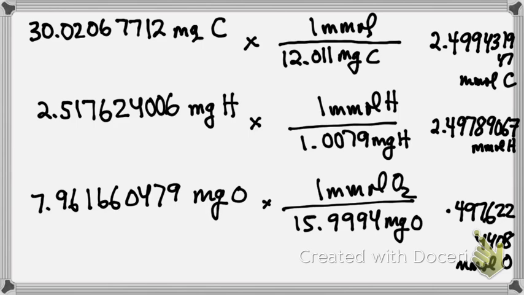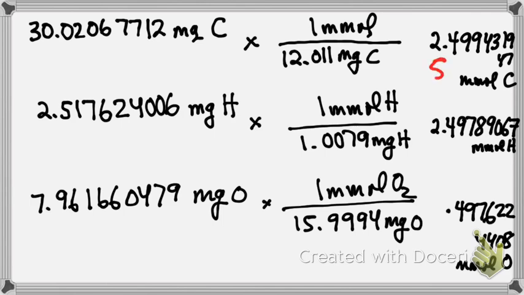So now we want to divide all of these numbers by the smallest one. Of course, that's going to be the 0.4976 that we got for oxygen. So 2.49943147, I get 5.022. That's good.